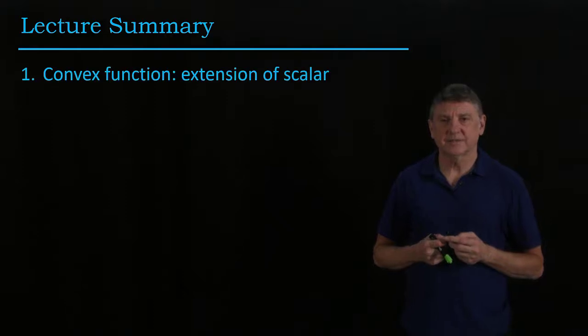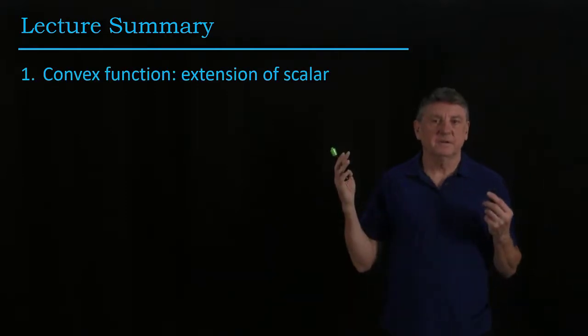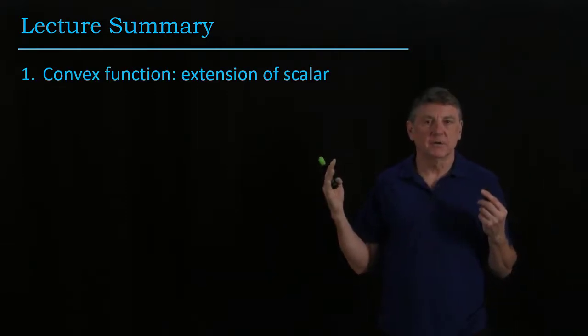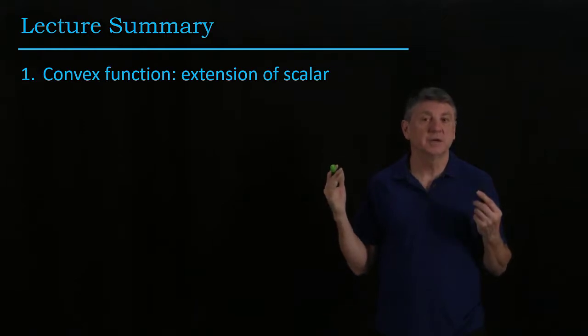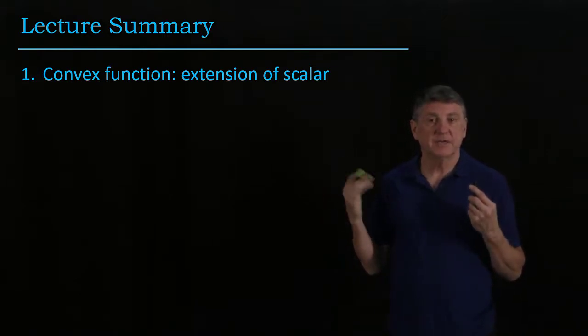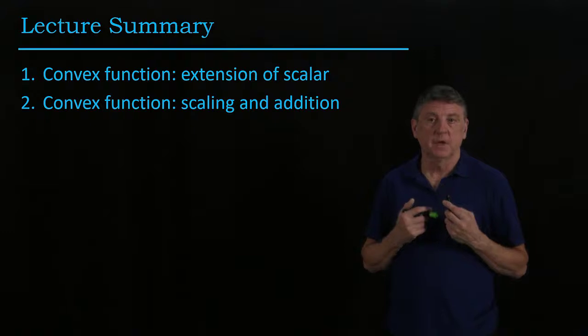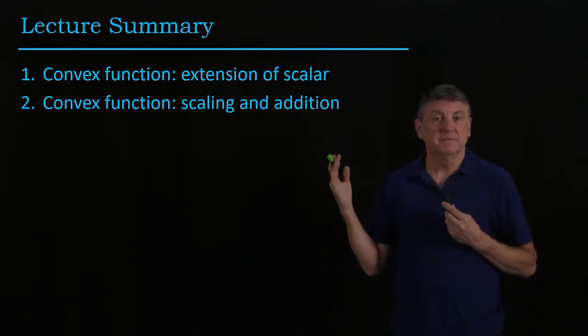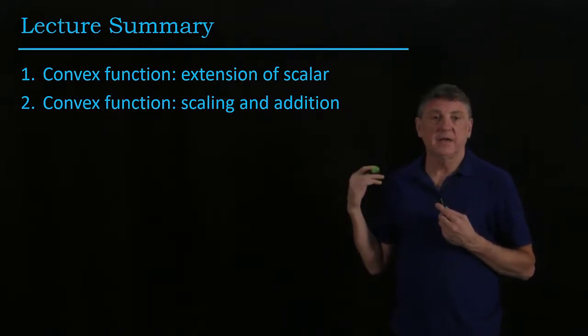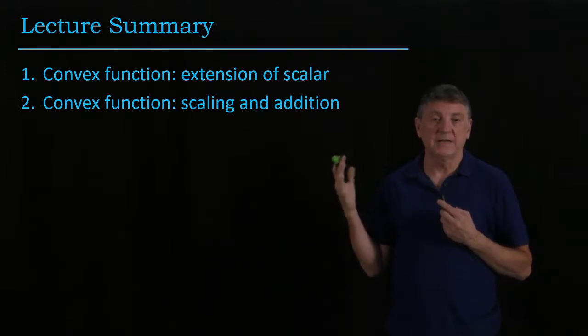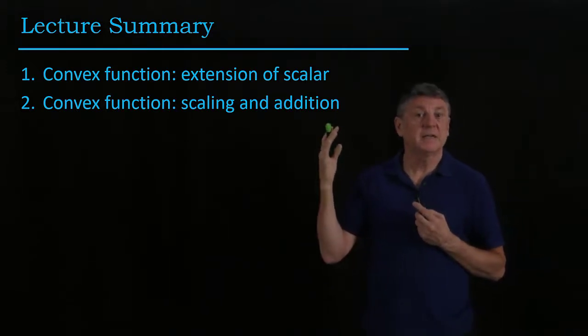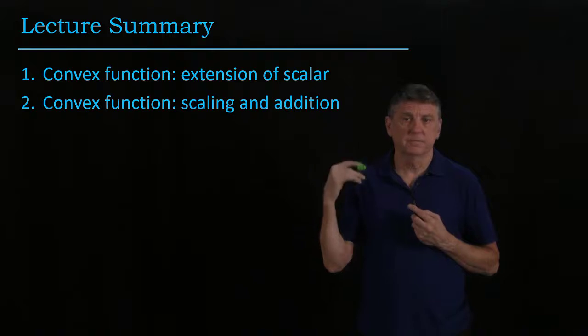Let's summarize this lecture. A convex function of a vector argument was a direct extension of the idea of convexity for a scalar function. A convex function is invariant to scaling by a non-negative multiple, and by addition of two convex functions.